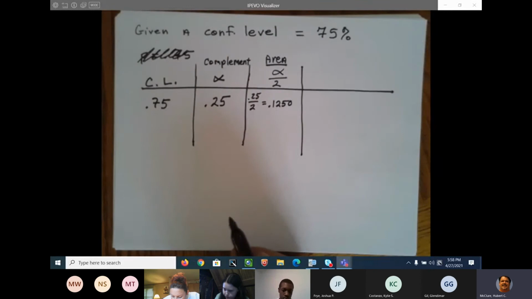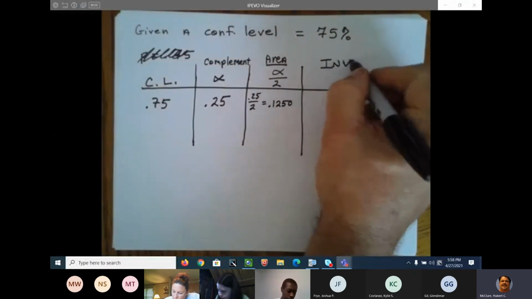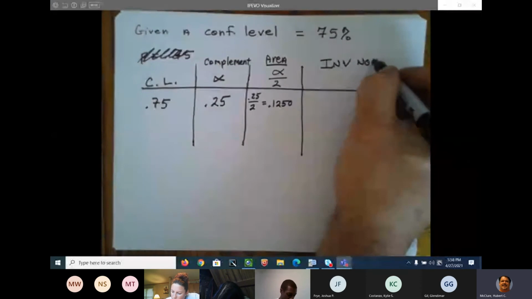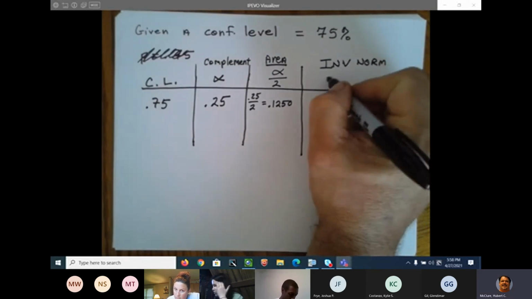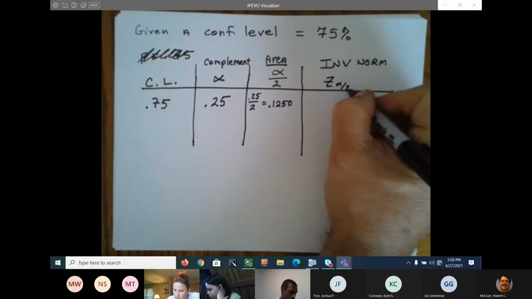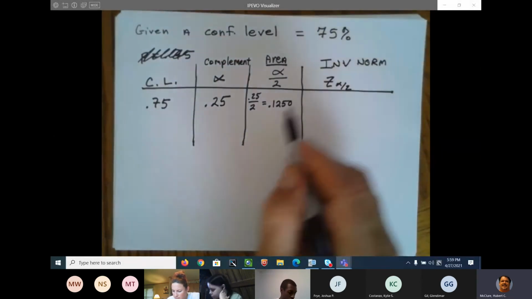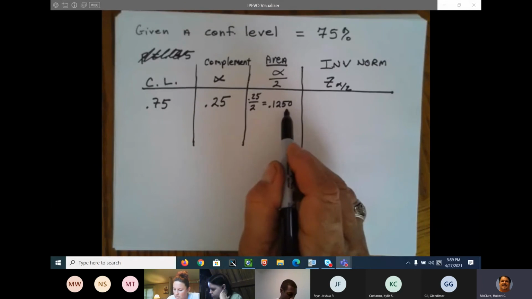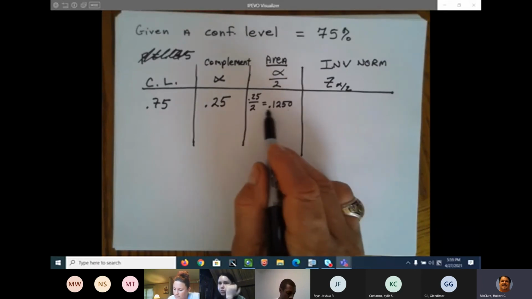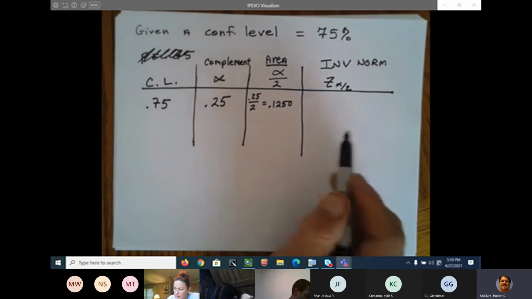And now inverse norm. Somebody take your calculator and do inverse norm for 0.1250. There is no area that's above 1 because all our areas go from 0 to 1.